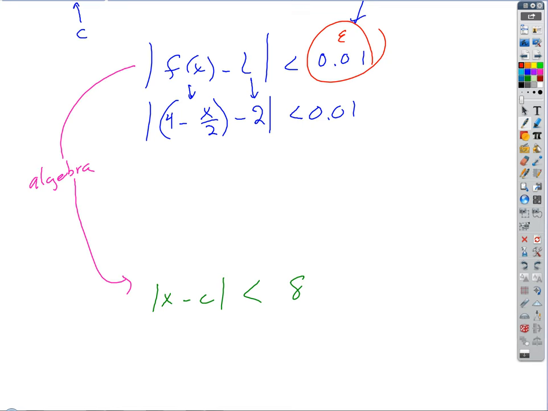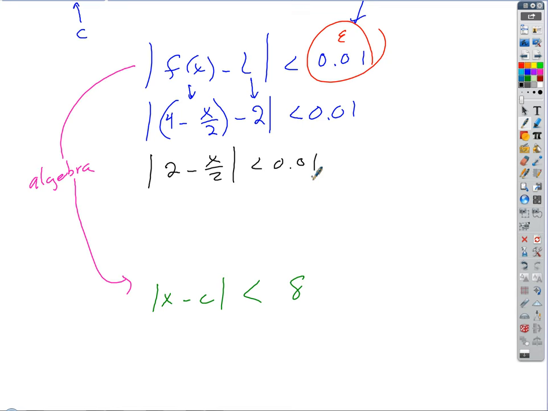Okay, so what are we going to do? Subtract 2 from 4, and this becomes the absolute value of 2 minus x over 2 is less than 0.01. Okay, now what could I do here?